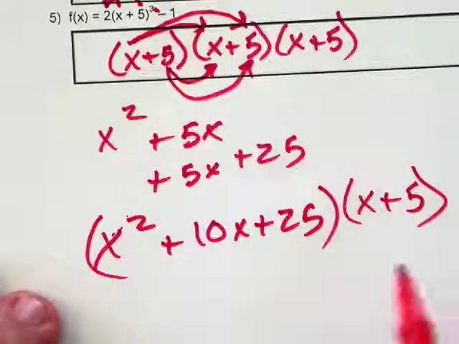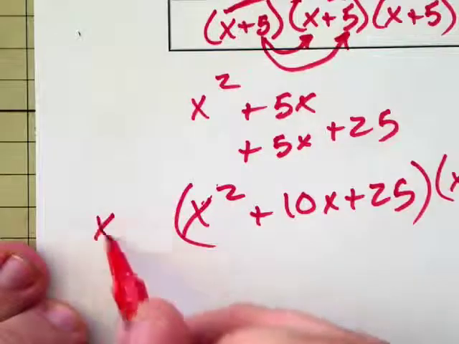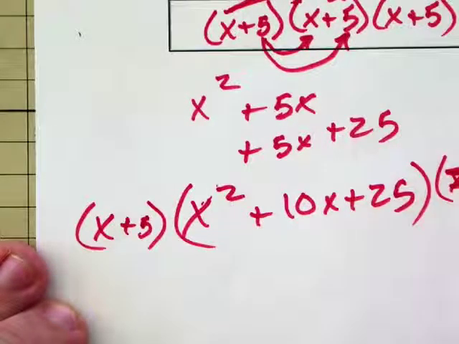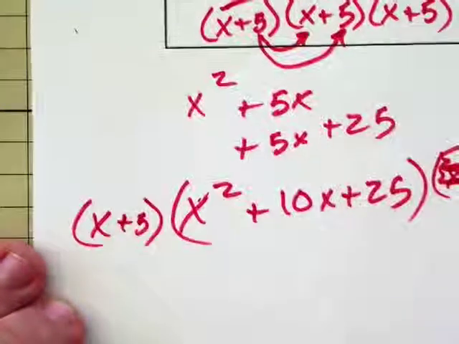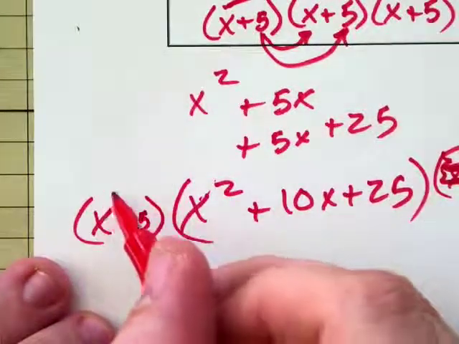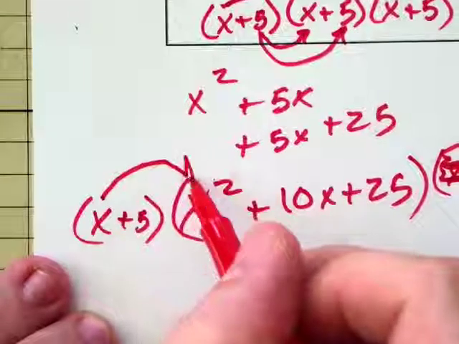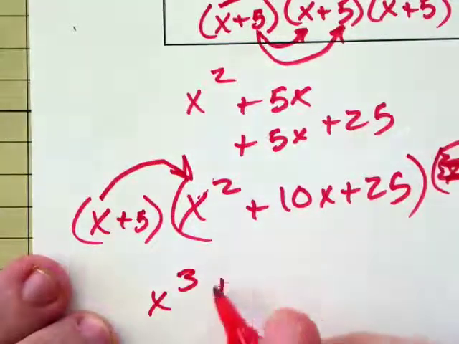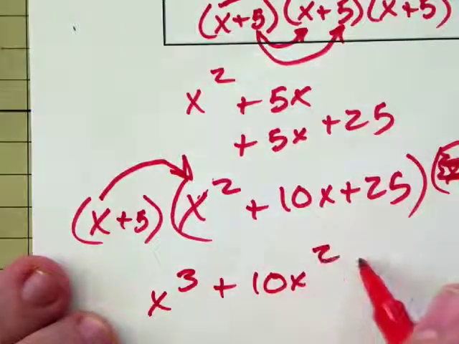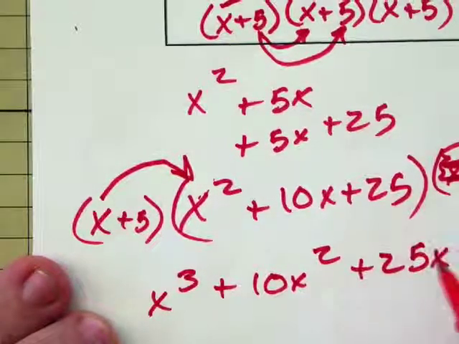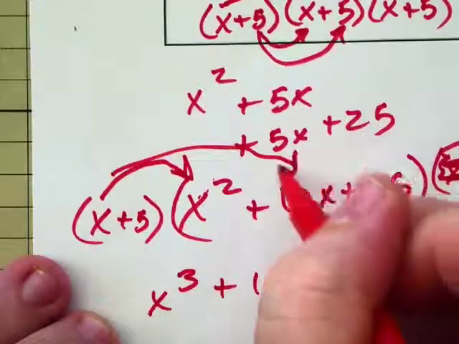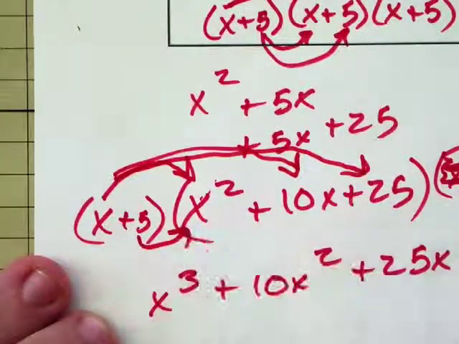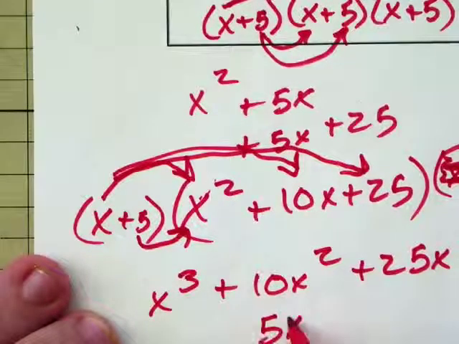So again, I'd put that one up front here. It's much, much easier. So let's start. X times each term, you get x cubed plus 10x squared plus 25x. So we're just multiplying x throughout all of them. Now let's multiply 5 throughout all of them. You get 5x squared.